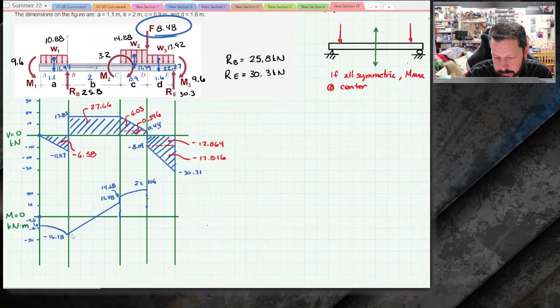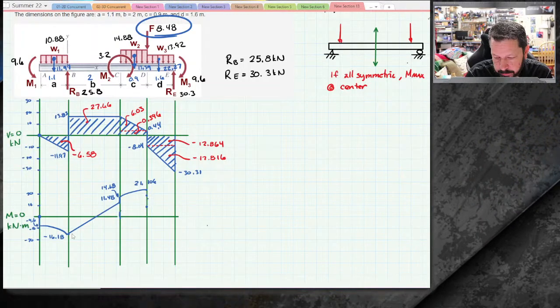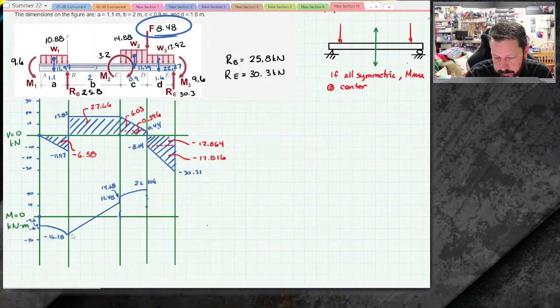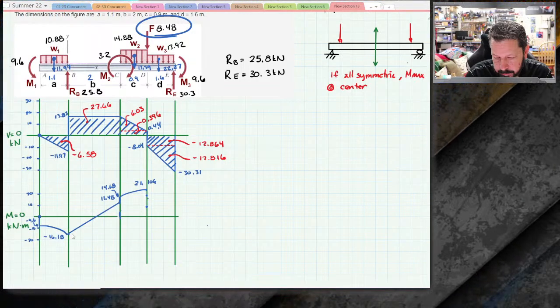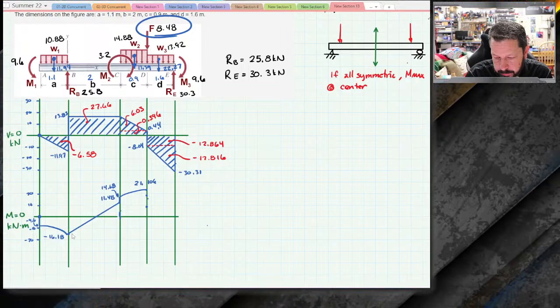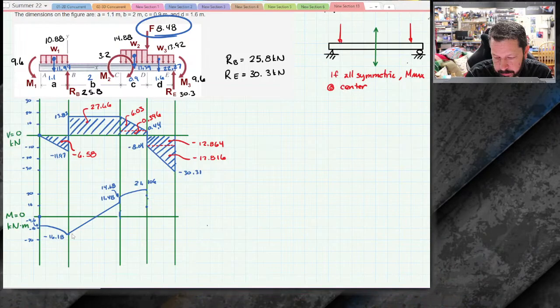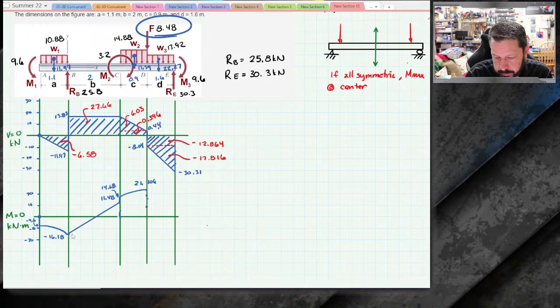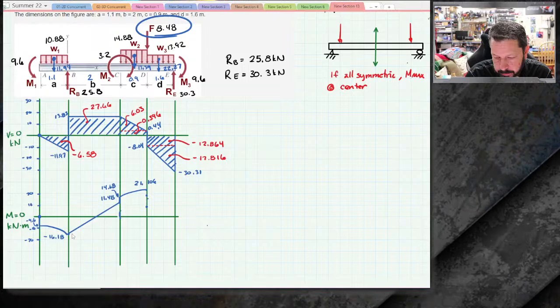We were at 14.68 plus 6.03 plus 0.396 minus 12.864 minus 17.816.